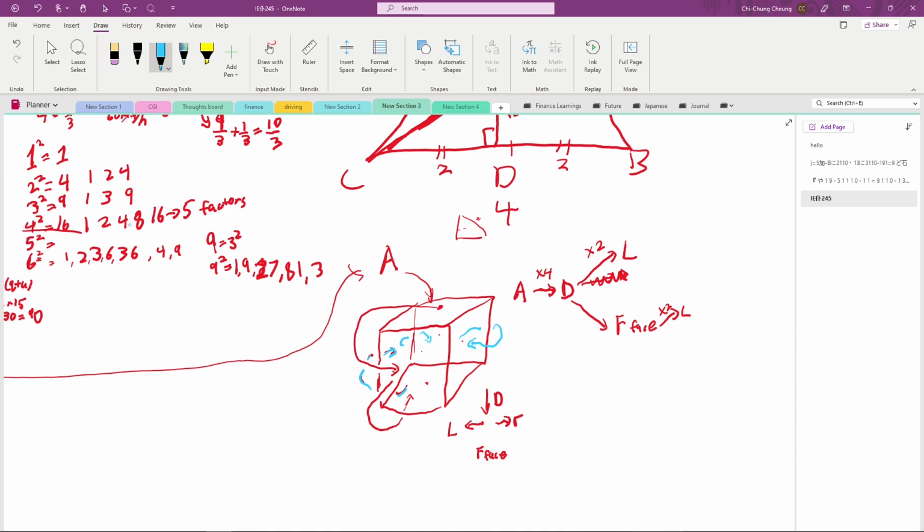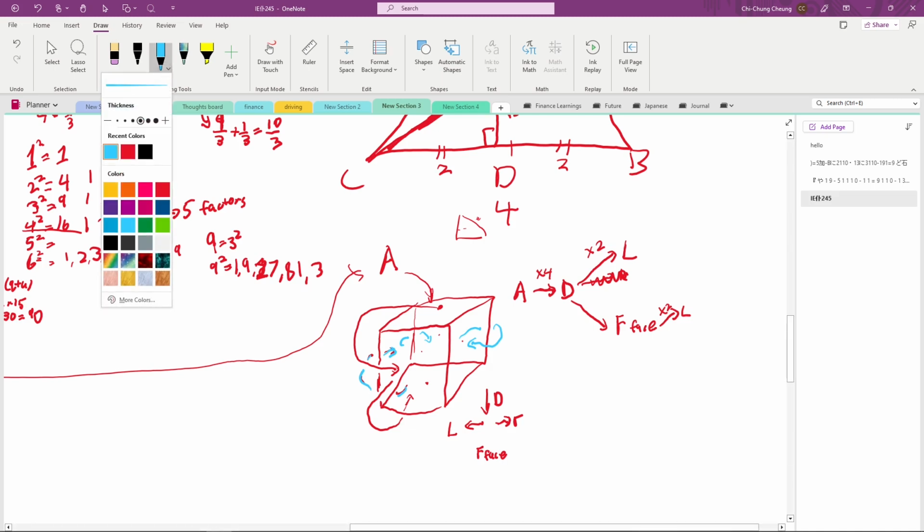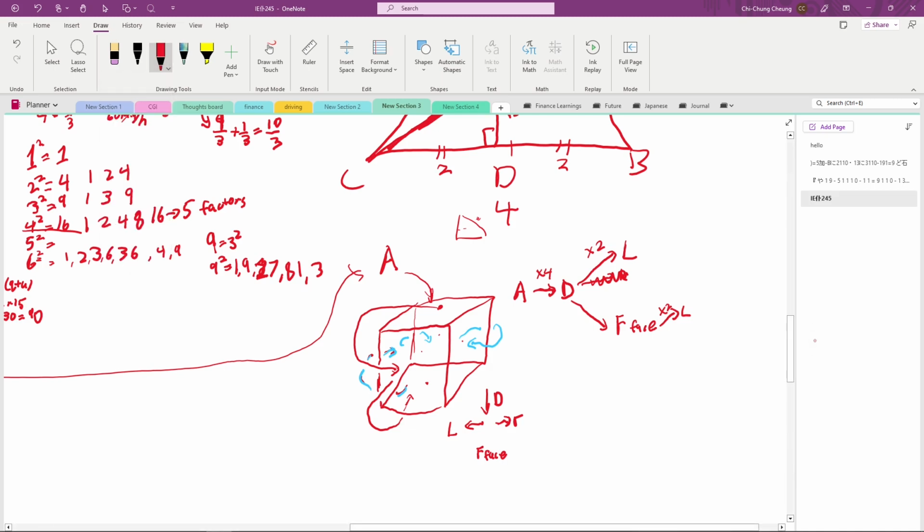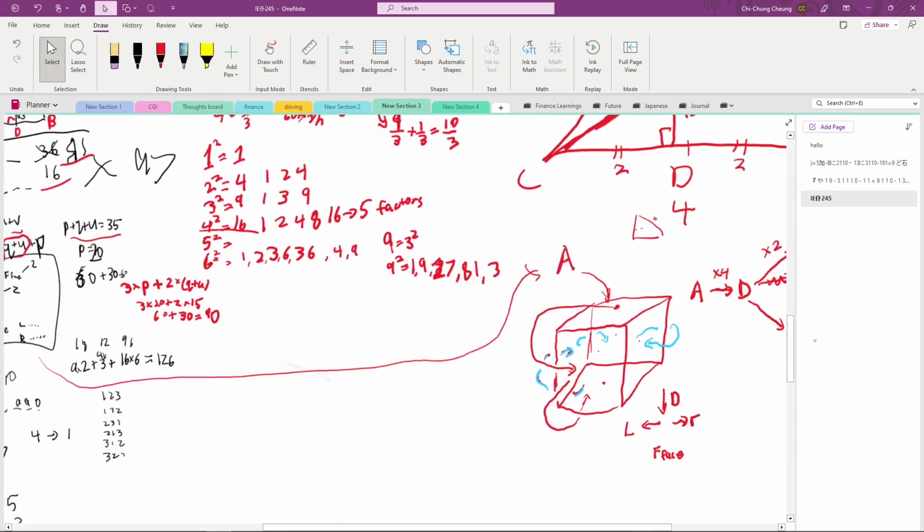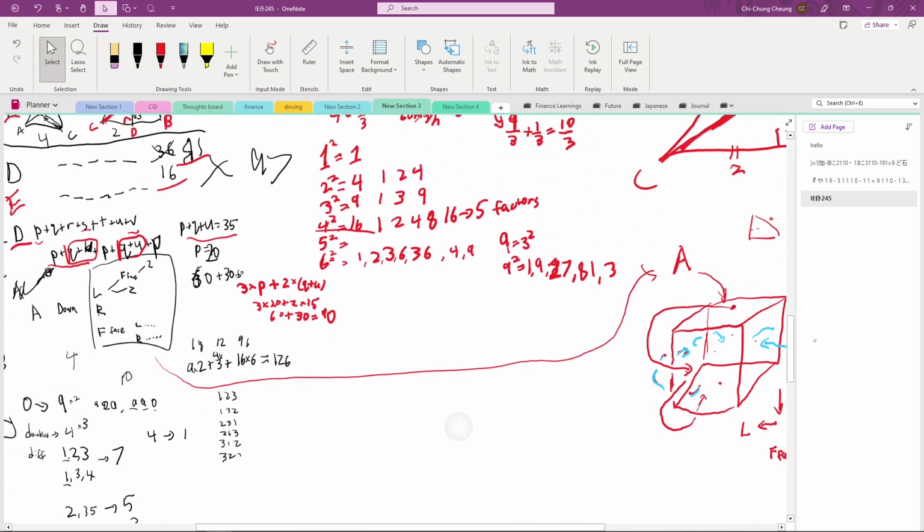And then if you go to the F face first, you can't go to the opposite side, because once you go to the opposite side and you go one direction, you still have another face missing. So this is not possible. Now wait, let me see if I'm keeping track.